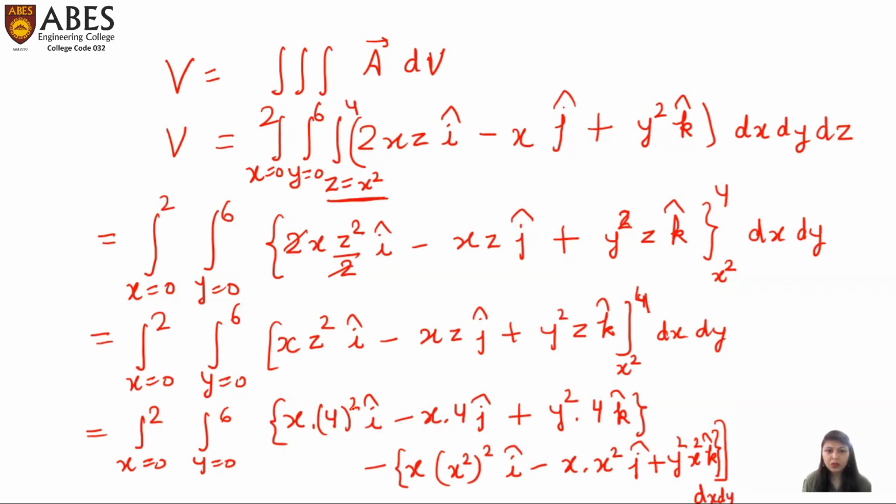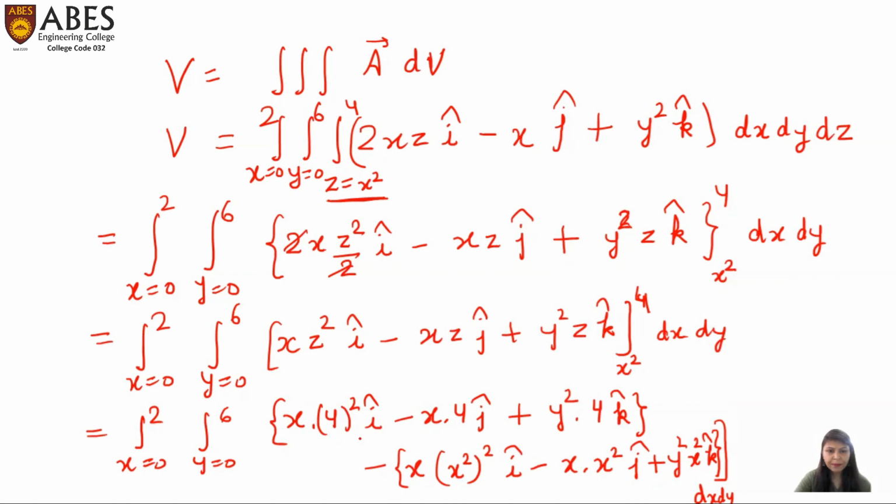So first we need to solve this. When we solve this, this will give 16x i cap minus 4x j cap plus 4y square k cap. I will write this on the next page.